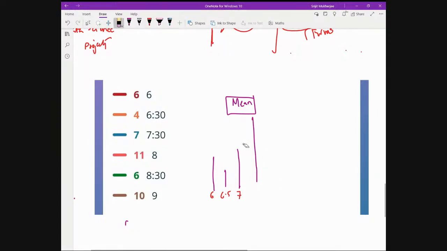Did I give 7.5, guys? Maybe I didn't give 7.5. And then we have 6 again, and then we have 10. So 7.5 none, 8, 8.5, 9. So the question here is to understand what is the best estimate that we should use.